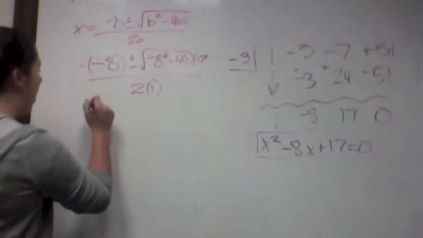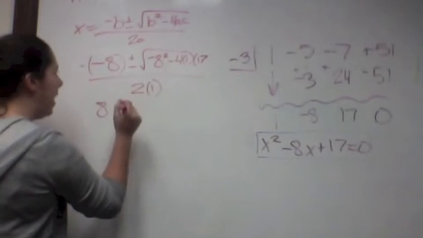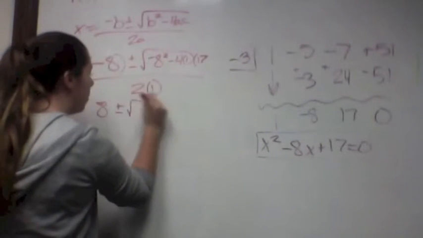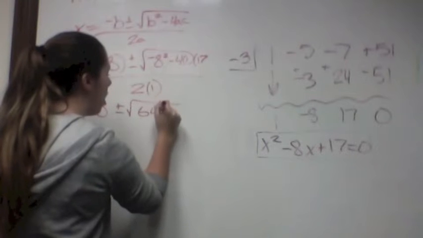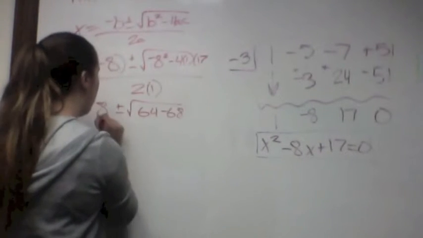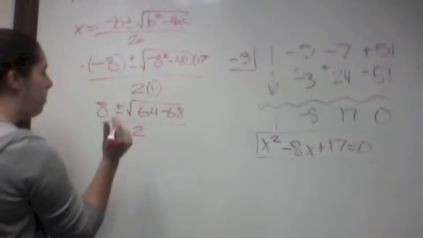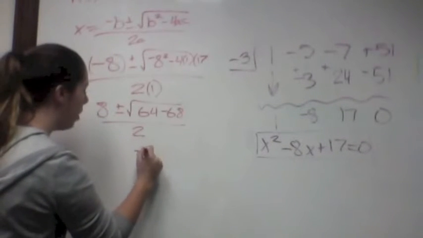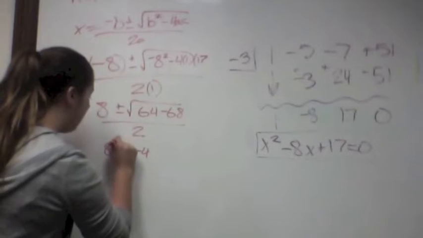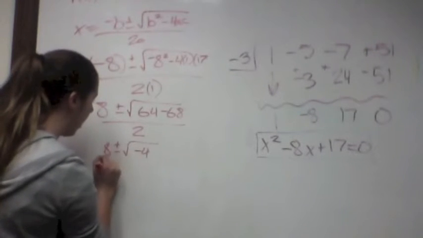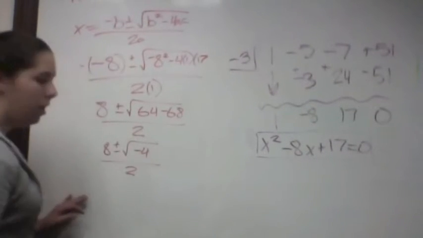Now we simplify: 8 plus or minus the square root of 64 minus 68 all over 2. 64 minus 68 is negative 4, so we have 8 plus or minus the square root of negative 4 over 2.